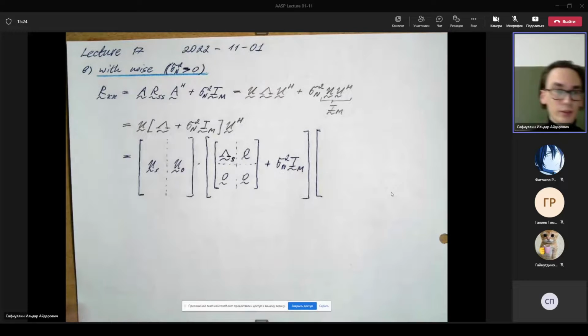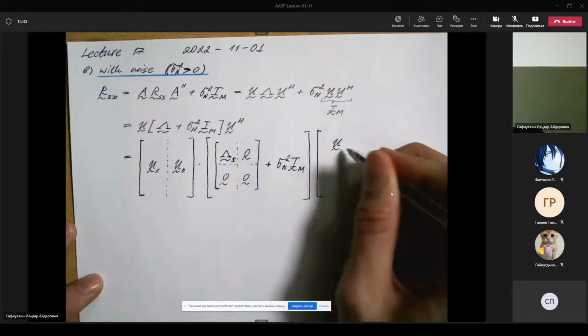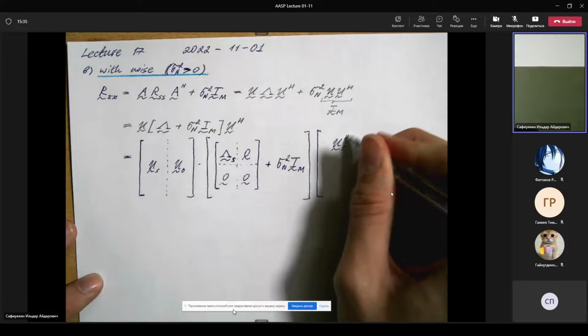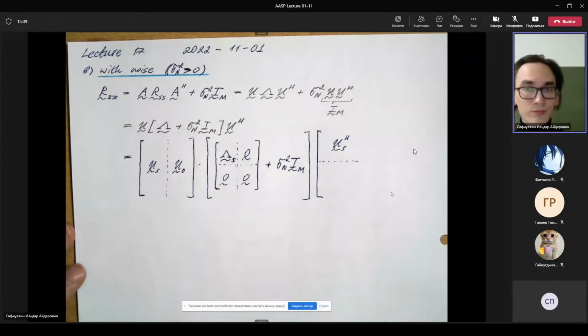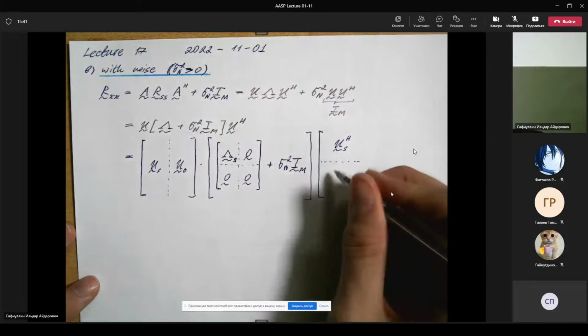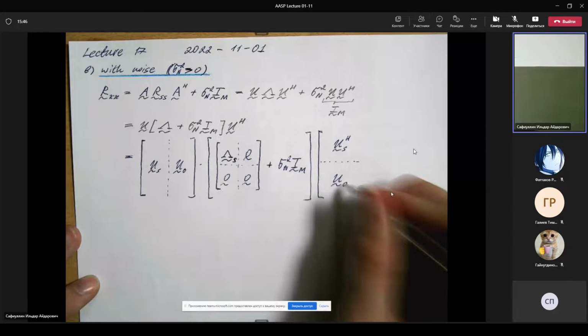It is the concatenation of rows. Here we have U subscript S Hermitian, and the second part, U subscript 0 Hermitian.